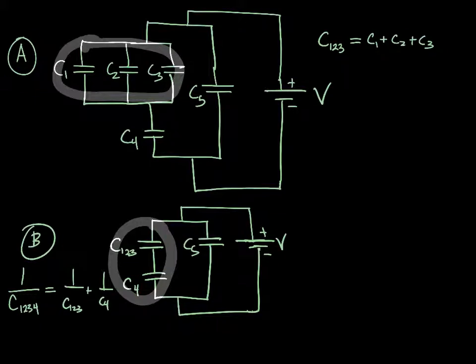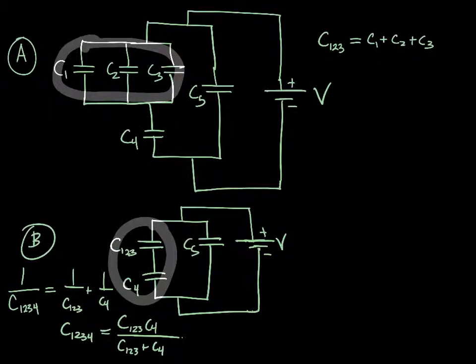What's the common denominator going to be between C1,2,3 and C4? Well, it'll be their product. So when you flip it all over, you'll get the product C1,2,3 times C4 over C1,2,3 plus C4.